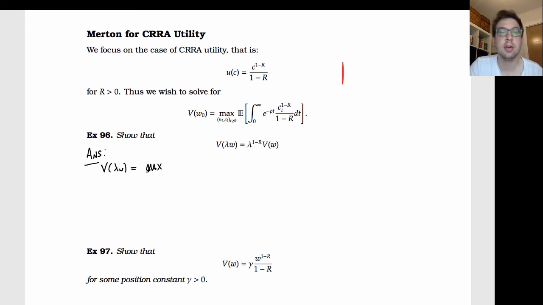So here I've got a maximization again over the number of stocks I have and the amount of consumption I do, and that maximization is over the set of policies which work when my initial wealth is W times lambda, okay, and the maximization that I'm doing is exactly the same as up here, okay.